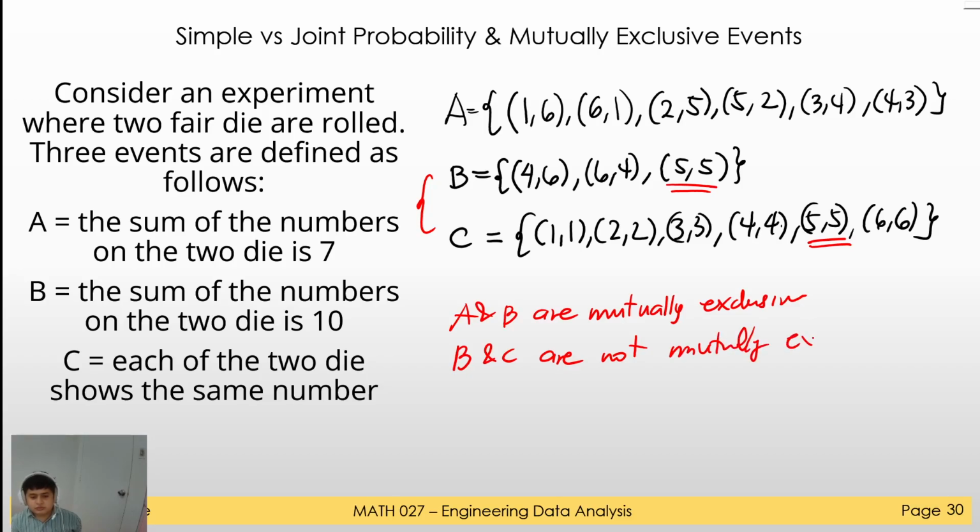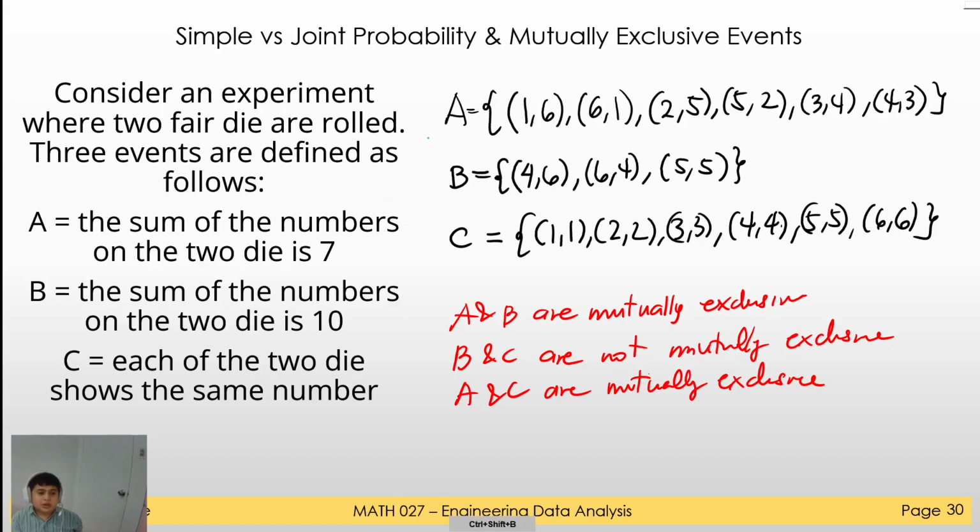And then for A and C, comparing these two sample spaces, do we have a similar set here? We do not have a similarity between these two events. Therefore, A and C are mutually exclusive. So what can we say about these three sets?